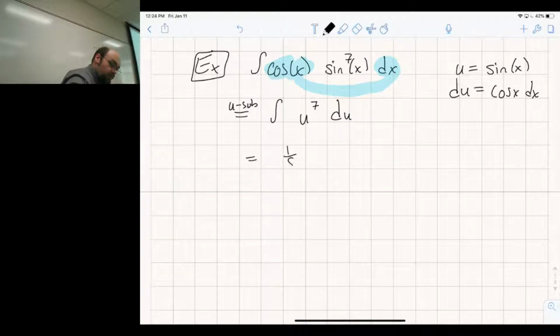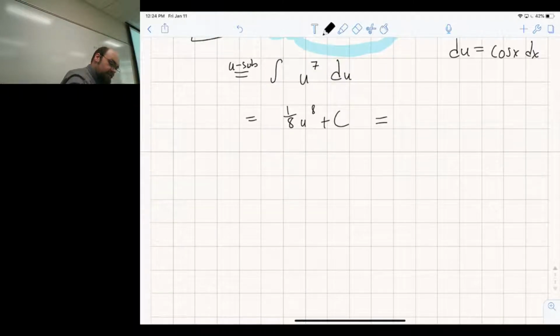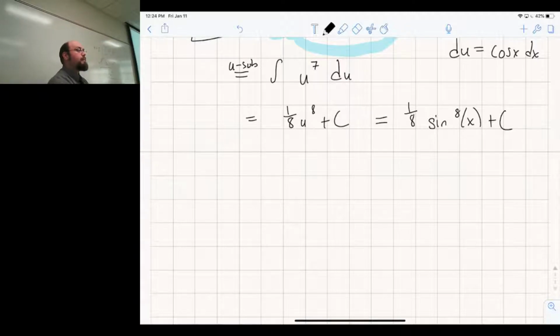So this gives me 1/8 u to the 8th plus c, which, by resubbing back in, gives me 1/8 sine to the 8th power of x plus c. Pretty nice, right? Not too bad.